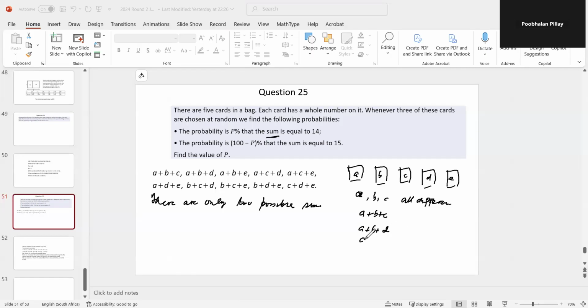And you get A plus B plus E is a third answer. Now these will all be different because these sums will be different. So you'll have three different sums. This will give you three different sums.